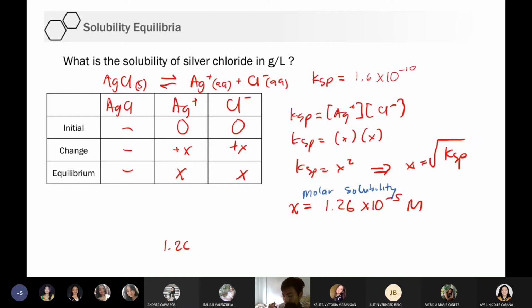So, we multiply this mole per liter by the molar mass of silver chloride. So, the molar mass of silver chloride is 143.32 grams. Okay, so you can see the moles will cancel, giving us the final units grams per liter.